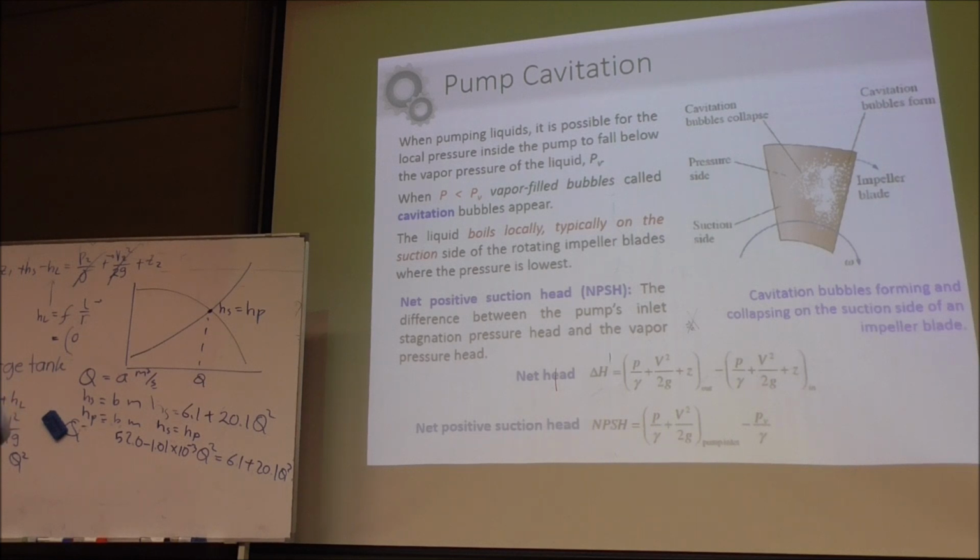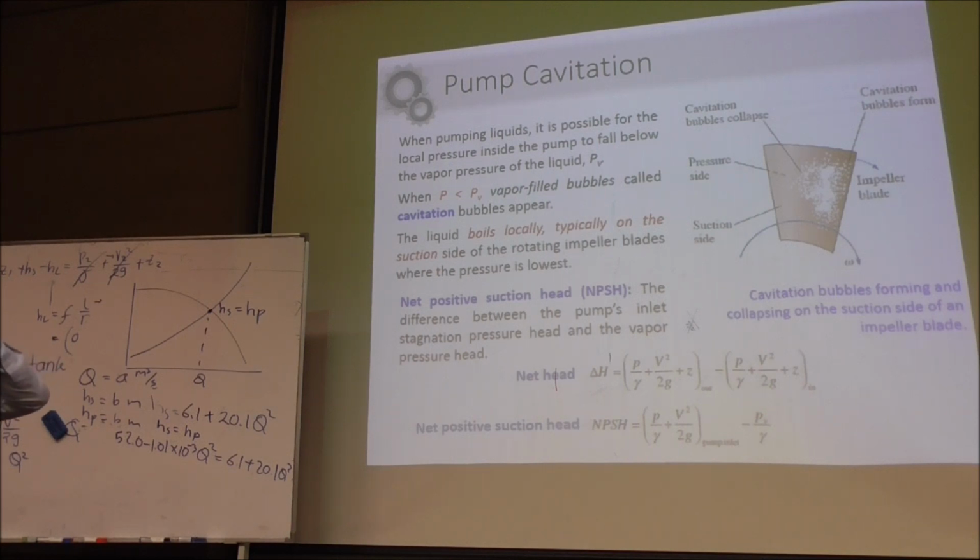There is a condition where the pressure in this impeller is below the vapor pressure. If it is below the vapor pressure, the water will start to boil. Yes, cavitate or evaporate, whatsoever you call it. It becomes a gas. It becomes a gas only in the middle, only in the center, the eye of the impeller.